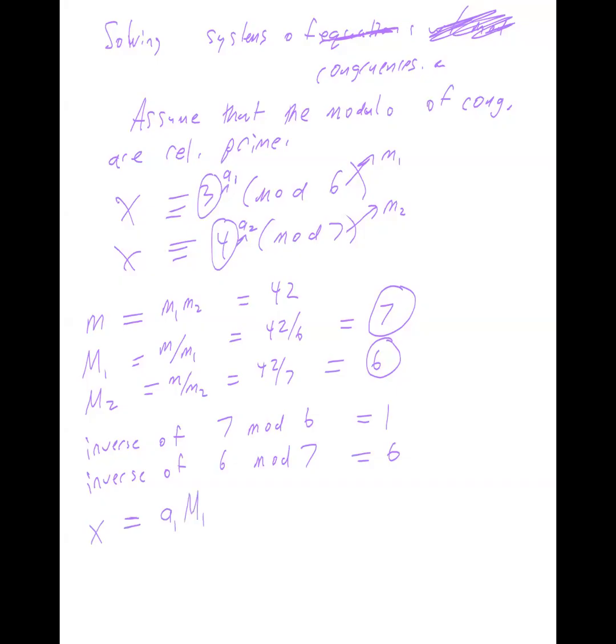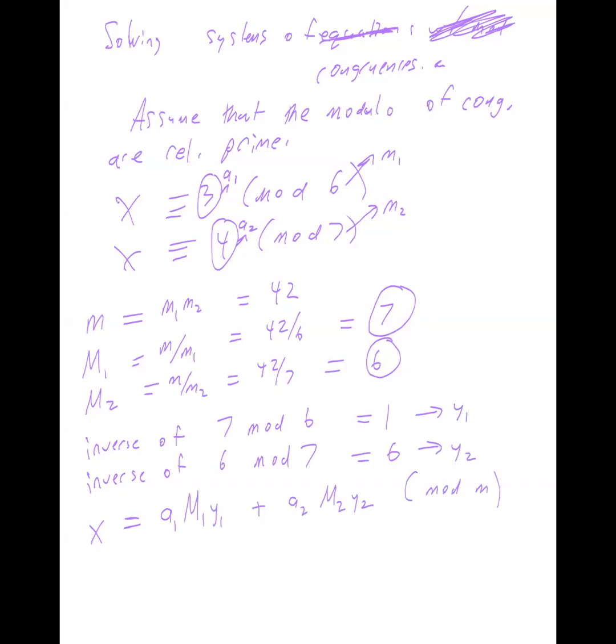Oh, by the way, there's lots of names for these letters. This is called Y1 because we're using Y's for inverses, and that's called Y2. A1 M1 Y1 plus A2 M2 Y2. And then you take the whole thing at the end, mod the little m, the m itself.